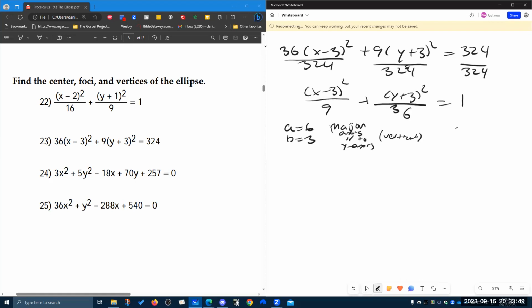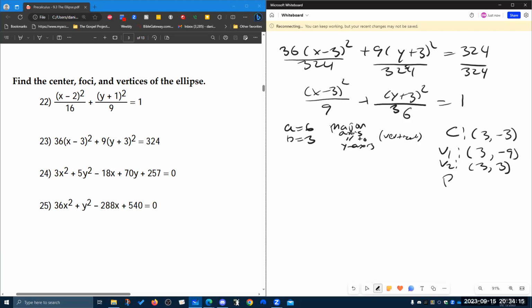My center is at (3, -3). My vertices are at (3, -9) and (3, 3). We're adding 6 and subtracting 6 from the y coordinate here since we're stretched out vertically.